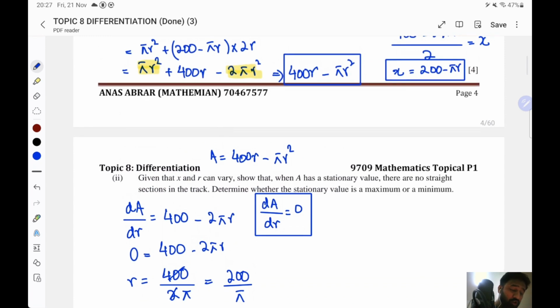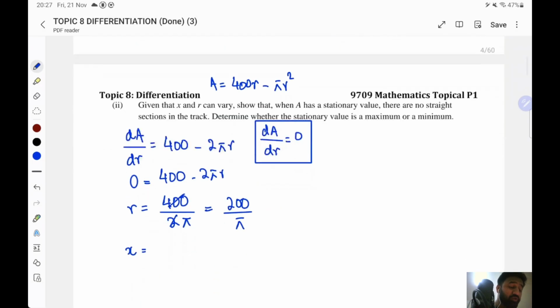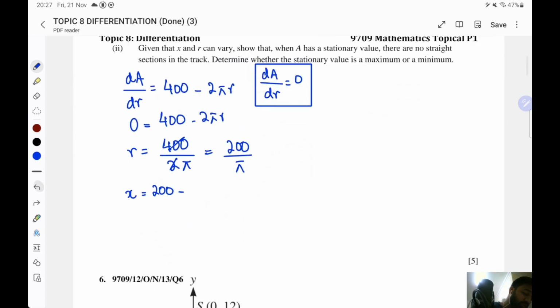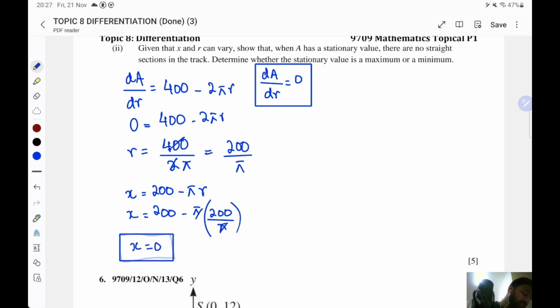We need to show that A is a stationary point when there are no straight sections, and we know that 2x is equal to 400 minus 2 pi r, so x is 200 minus pi r. We just found out that at the stationary point, the value of r is 200 by pi. If I simplify, we will get to know that the value of x is going to be 0.